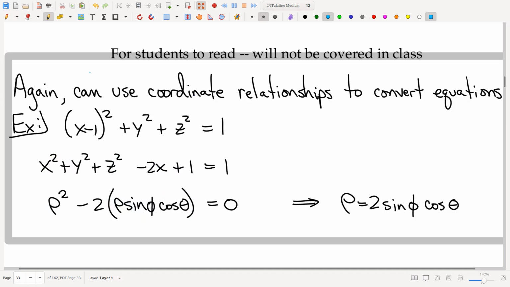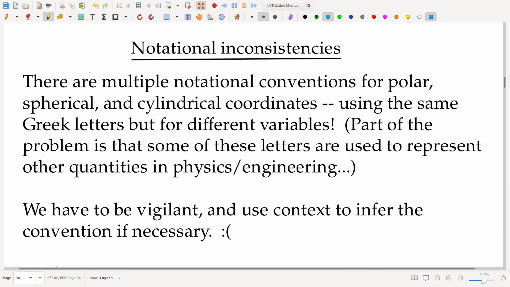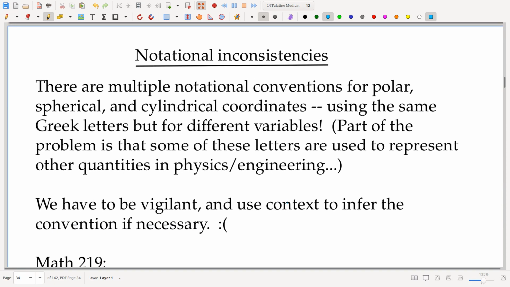Okay. Here comes the uncomfortable bad news. You might say there are some disputes in notation as to what the names of the spherical coordinates should be. Different people, different groups, different organizations make different choices, and it's not for uniformly bad reasons. There are some good reasons.